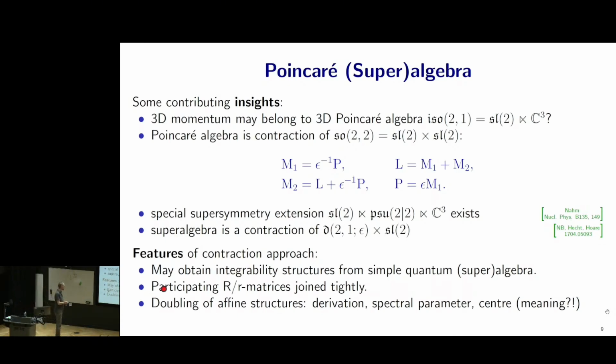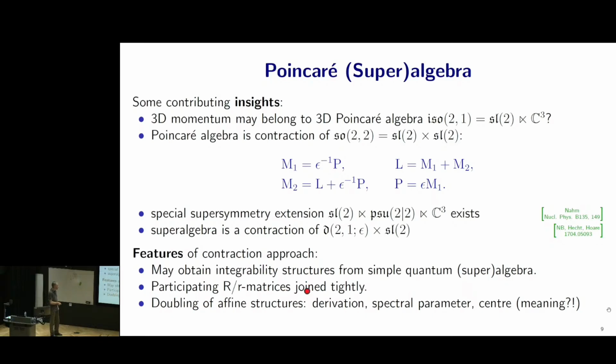It's also curious, the participating R matrices that you get from here. There are two, actually, one R matrix from here and one from there. And once you do the contraction, you sort of marry them up and you cannot take them apart afterwards. So that adds some interest into this picture.